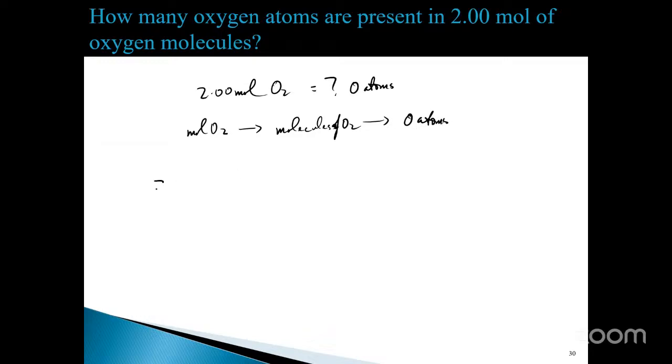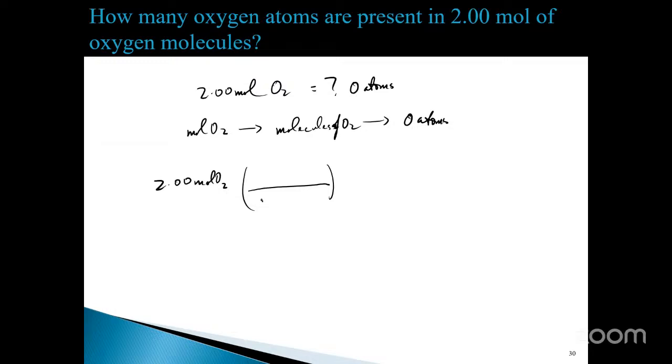So let's start off with the 2.00 moles of O2. And my question to you is, how would we convert from moles of O2 to molecules of O2? In other words, Avogadro's number. Okay, very good. So how would you represent that in this conversion factor right here?